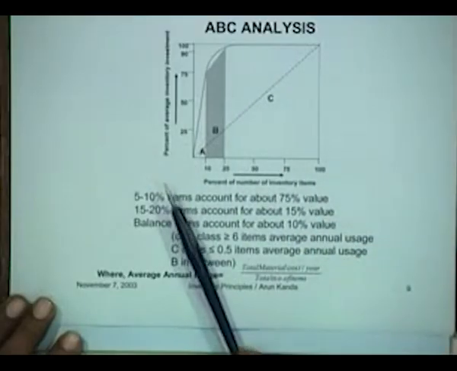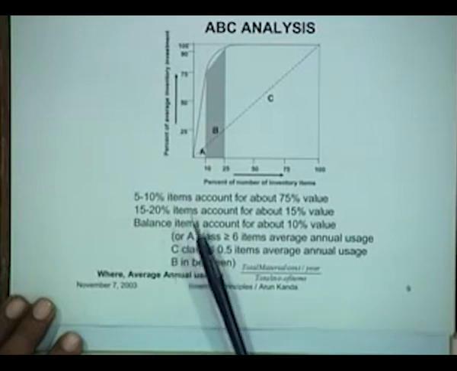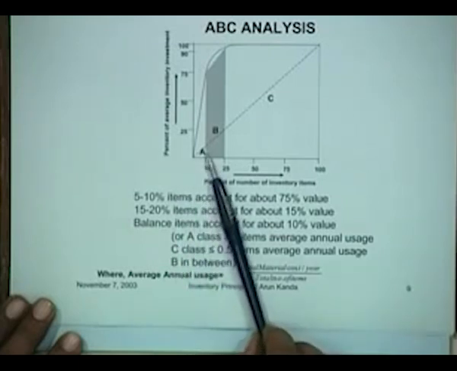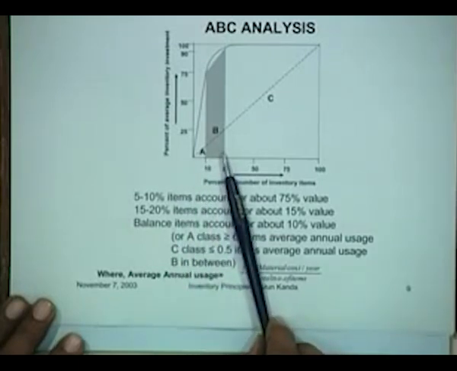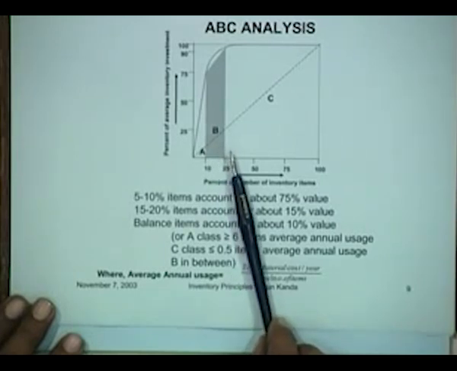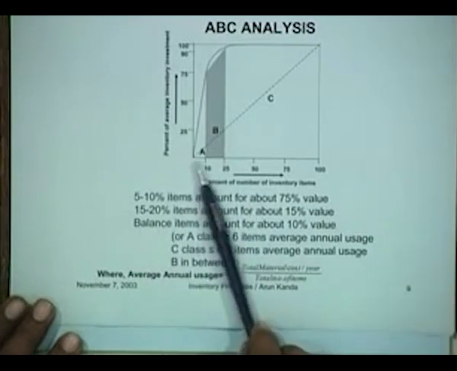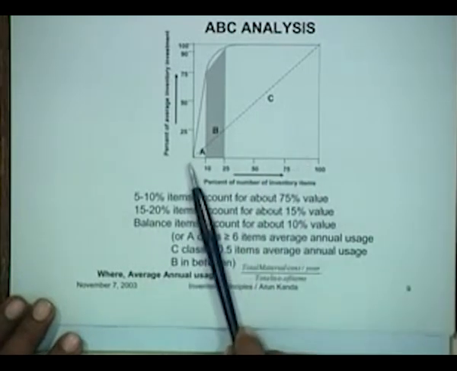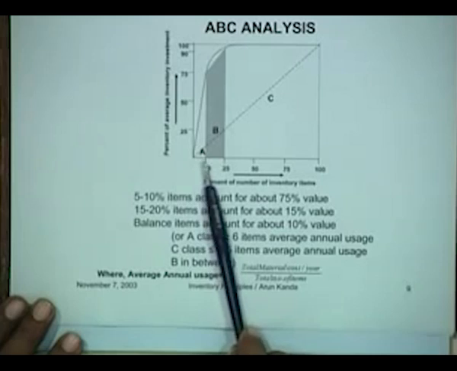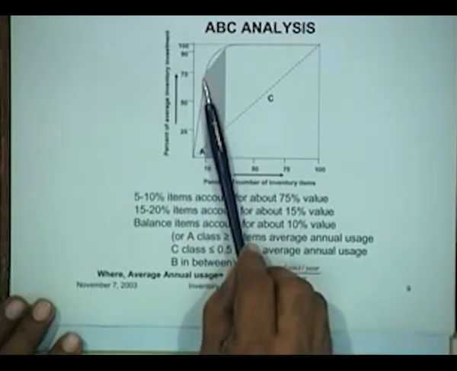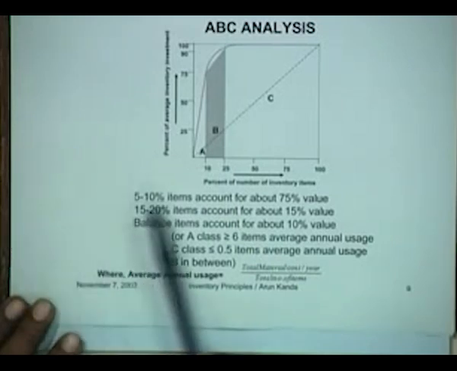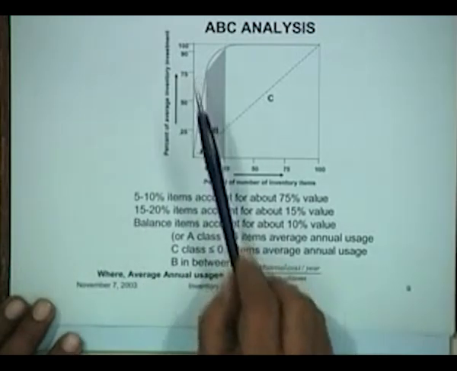In a typical ABC analysis, you plot the value of the item, which is the cost of the item multiplied by the demand of the item. You would find invariably that less than 10% of the items are responsible for something like 70 to 75% of the cost. These are called A class items.